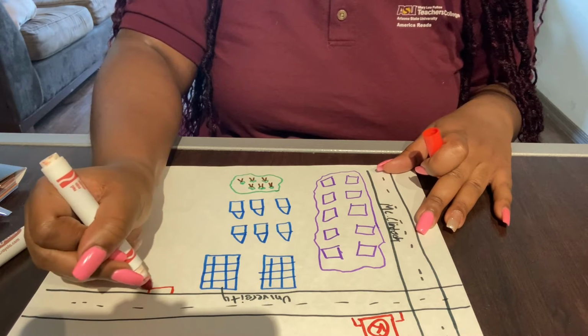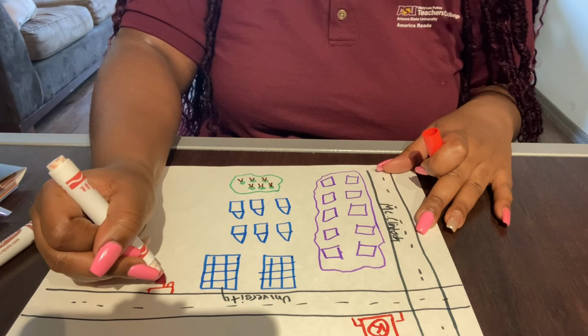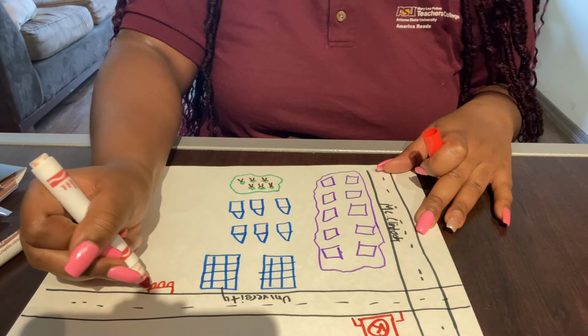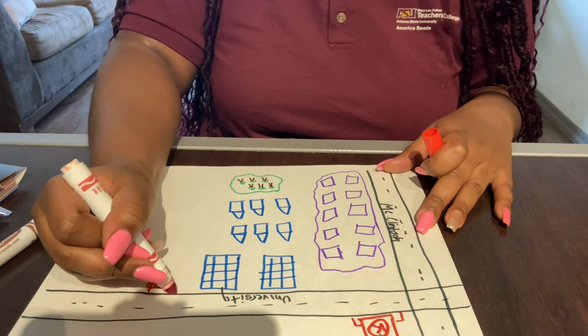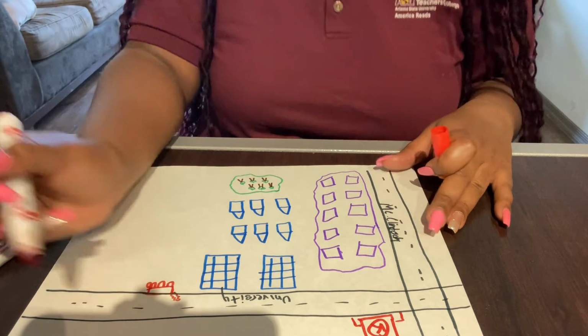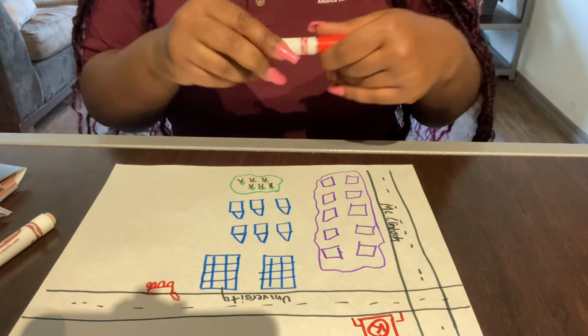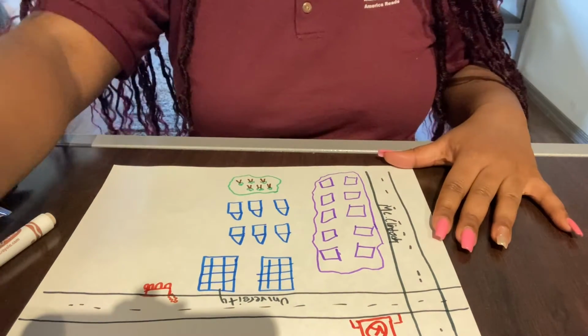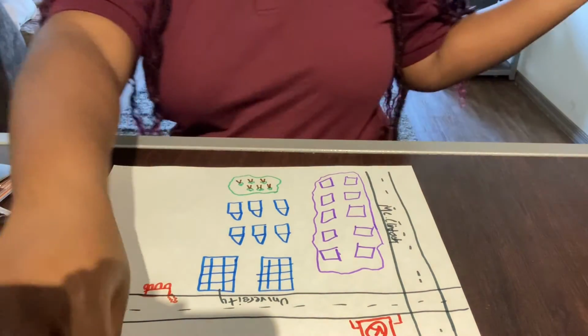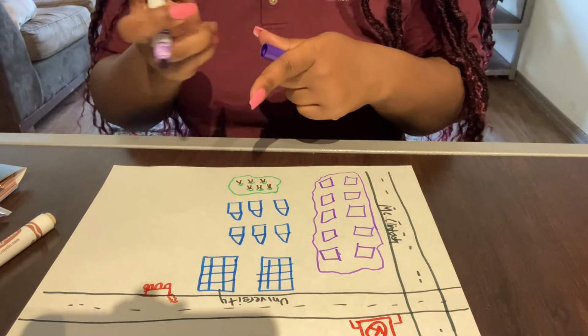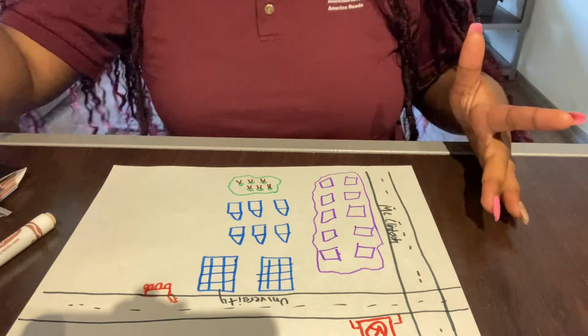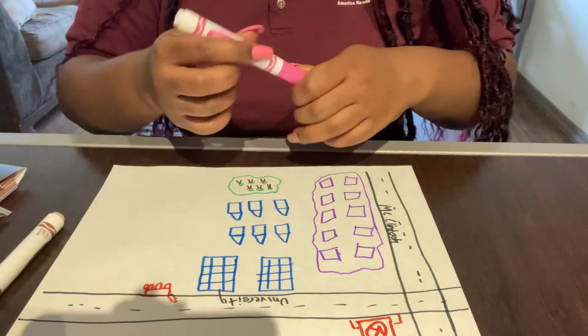So we're just gonna draw a bus to represent our bus stop. And then finally we get to my apartment and we're gonna make it pink.